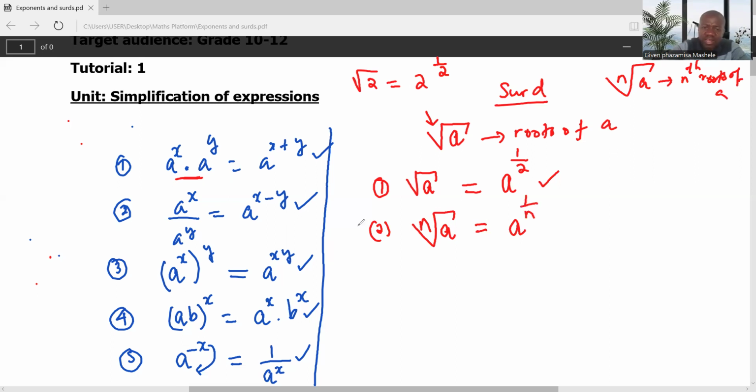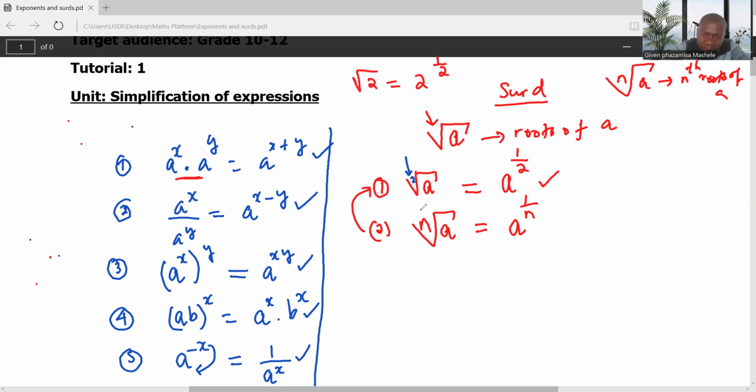And these two are actually related. When we say the nth root of a, it's a to the power 1 over n. Where there is a square root sign, if we say the root of a, the n here is actually 2.